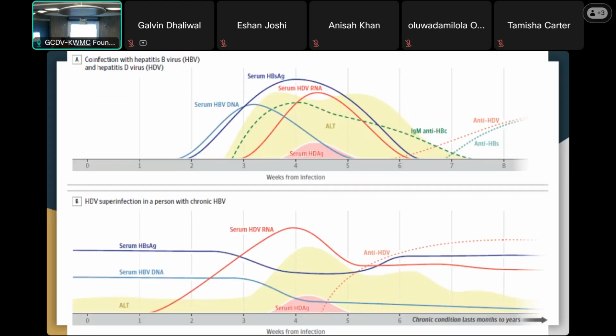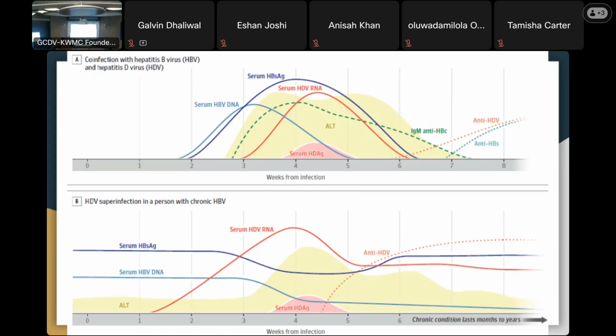So in terms of differentiation between co-infection and superinfection, what test would help differentiate? It's somewhere here, based on the serologies that we talked about that probably don't make as much sense right now. What test will help differentiate if it's a superinfection or a co-infection?